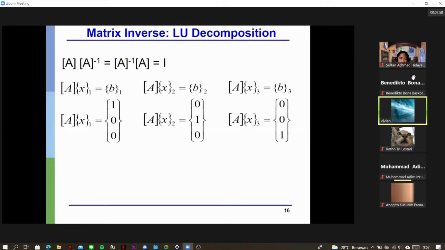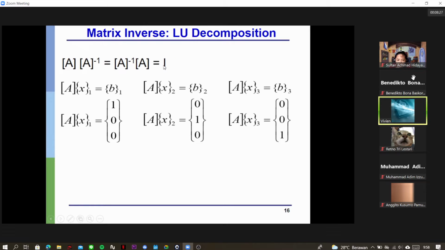I'll do a brief review of LU decomposition. It is more beneficial if we have different right-hand sides, and this can be applied in the problem of matrix inversion. If we want to find the inverse of the matrix, that will act as the unknown matrix, and we can use the right-hand side here.